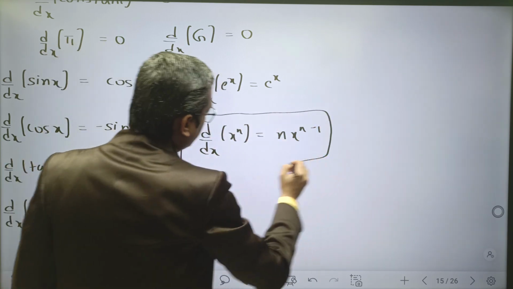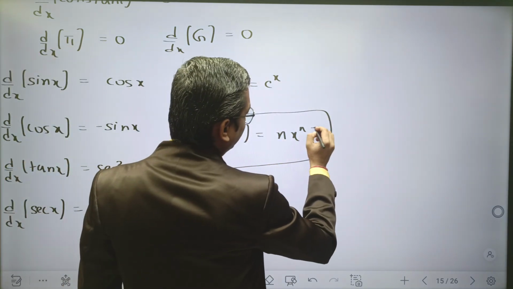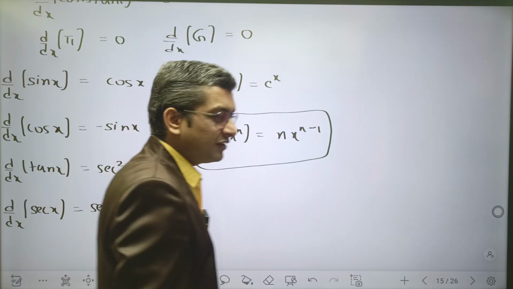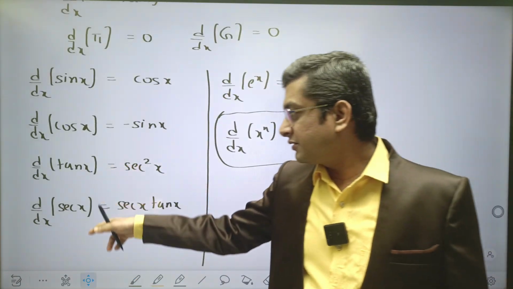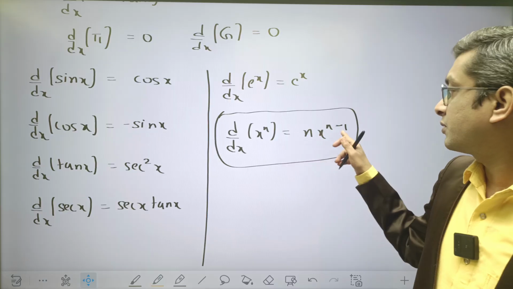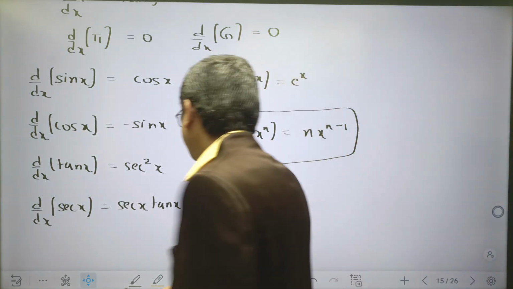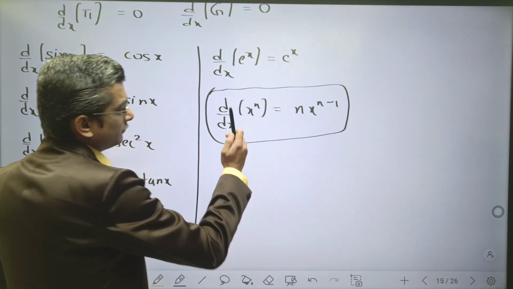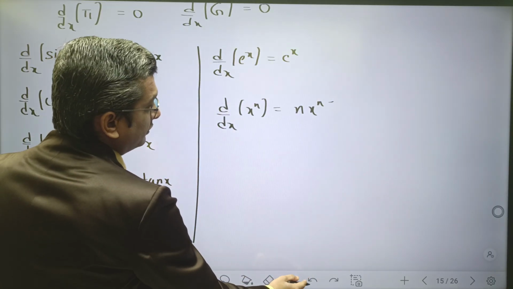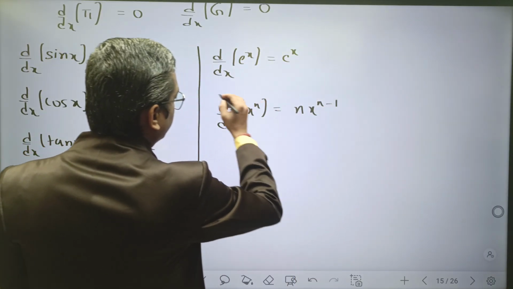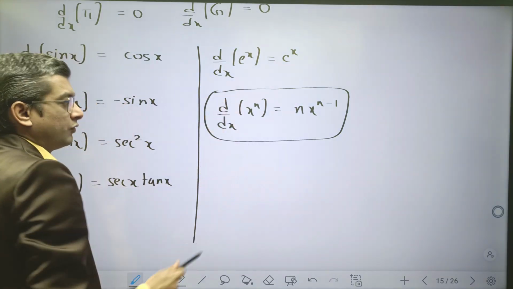This is the popular, very important formula. You come across some formulas rarely, but this formula you come across many times, that is d by dx of x to the power n is n x to the power n minus 1. Very important, common formula.